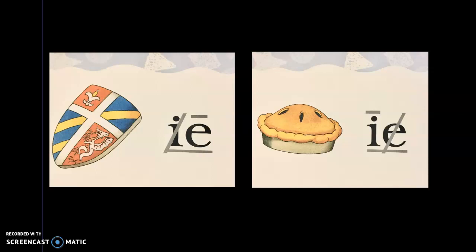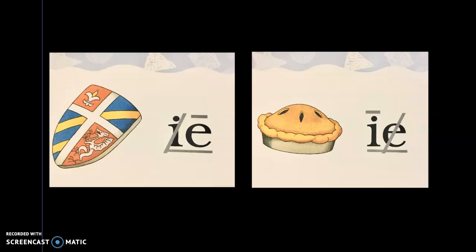Point to number 13 and spell the word pie. Point to the number 14 and spell the word lie. Point to the number 15 and spell the word field. Remember to use our strategy that we just learned today.